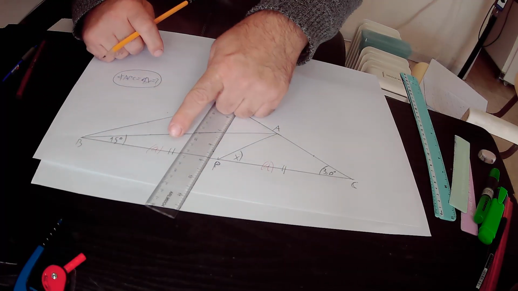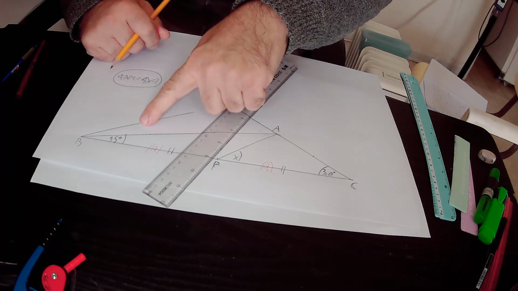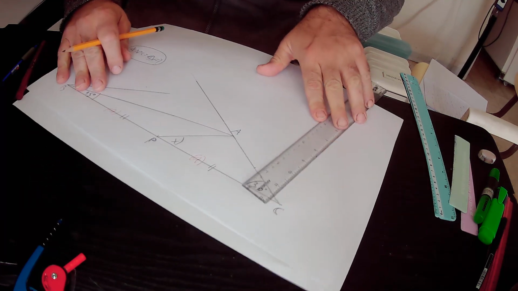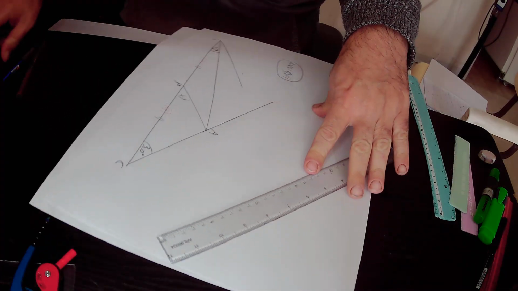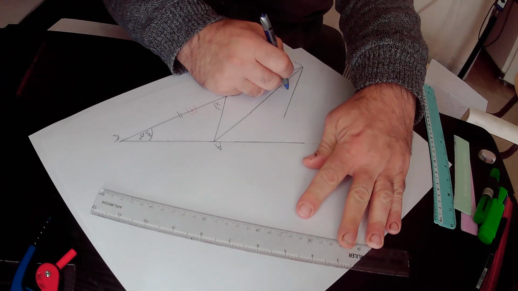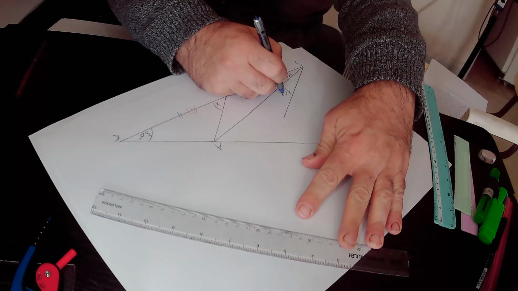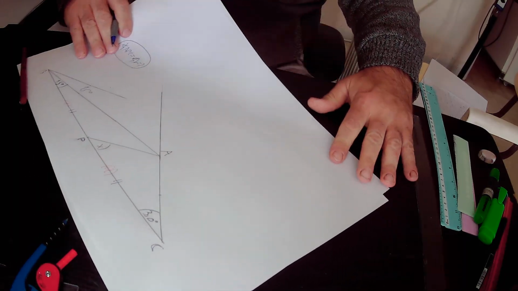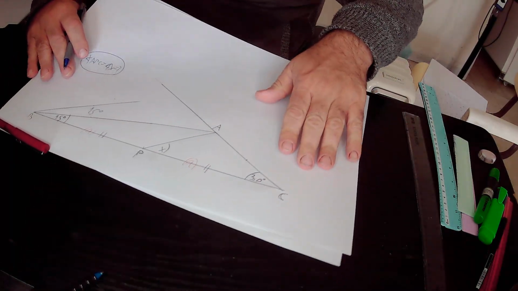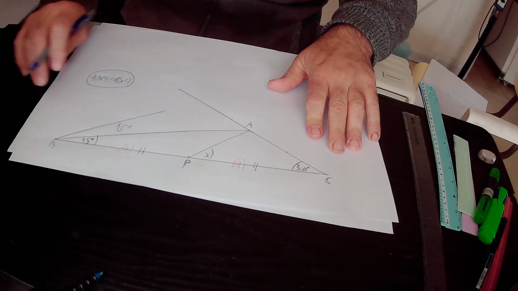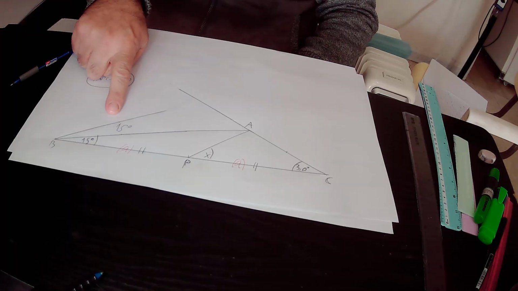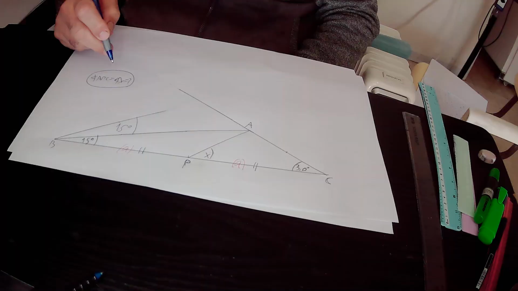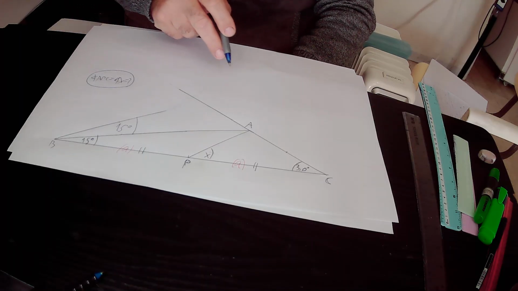So this angle equals 15 degrees in size according to our construction. In the next step, we'll extend this leg until it touches the extended side CA.